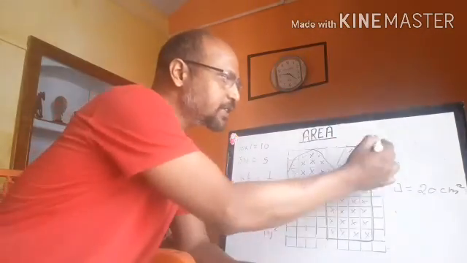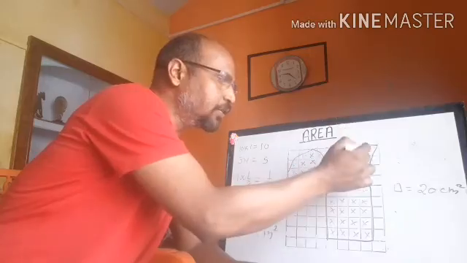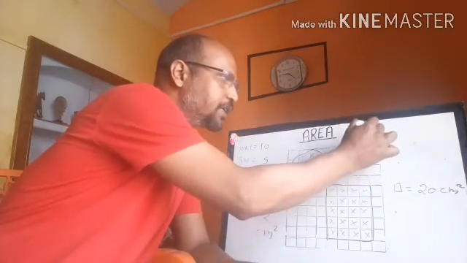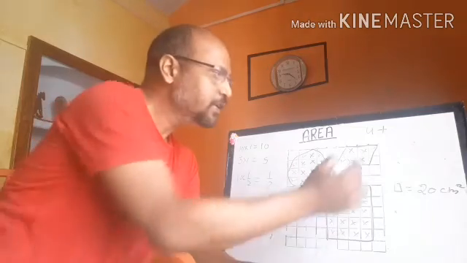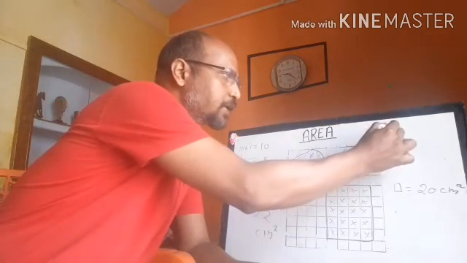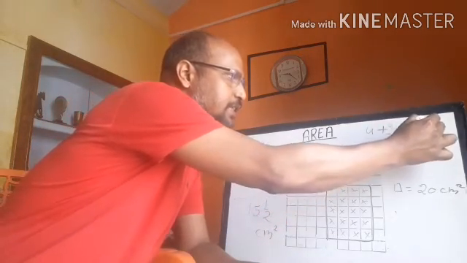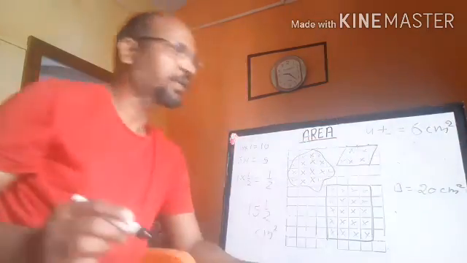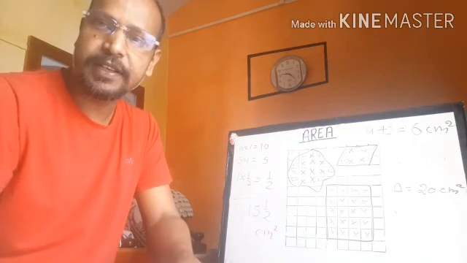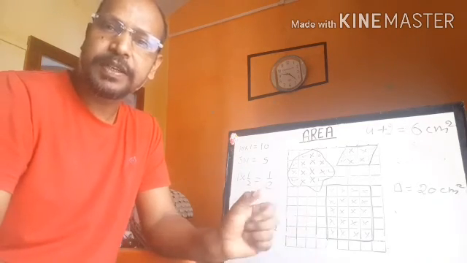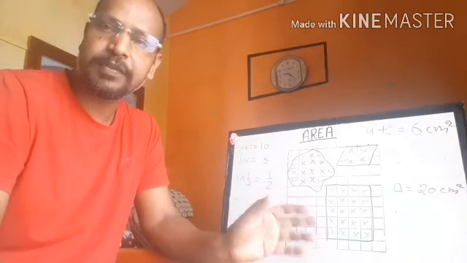So the area of this parallelogram will be 4 complete plus more than half, also taking them as 1 each, 1, 2, so it is 6 centimeter square. In such a way you can find the area of a closed figure with the help of graph paper.